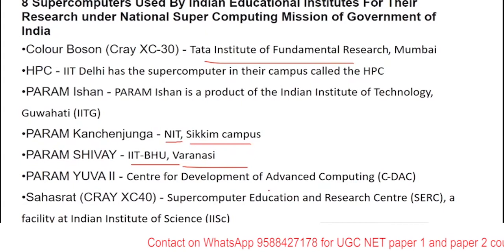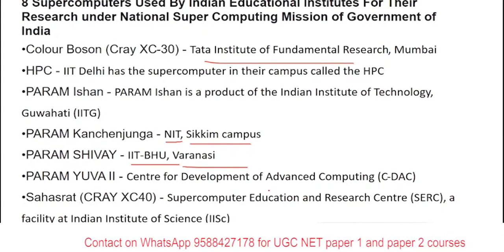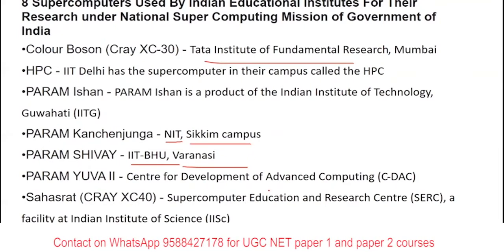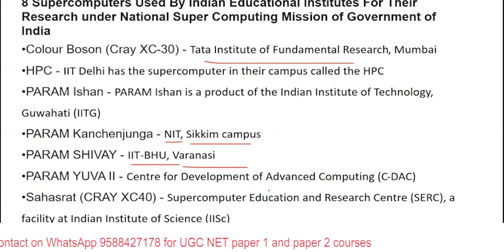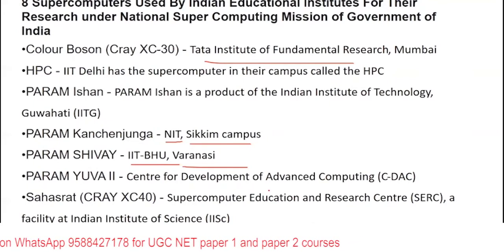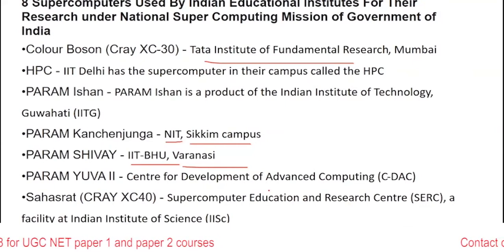Okay. SahasraT, that is Cray XC40, is a supercomputer education and research center, which is nothing but a facility at the Indian Institute of Science. And the last one is Virgo, which is held by IIT Madras. Okay, IIT Madras.